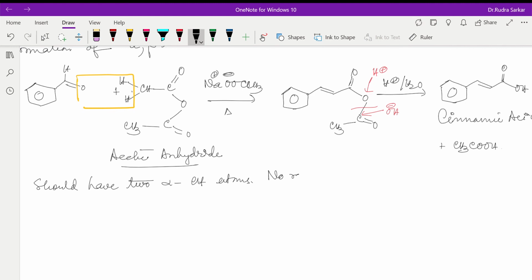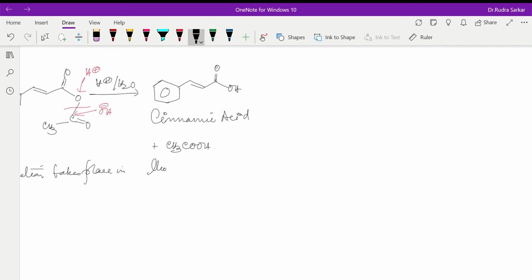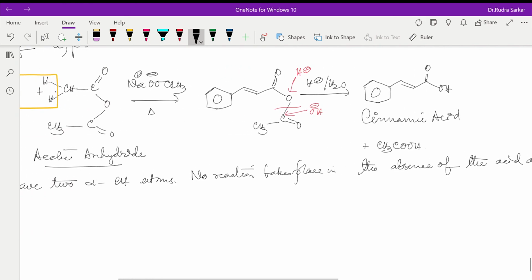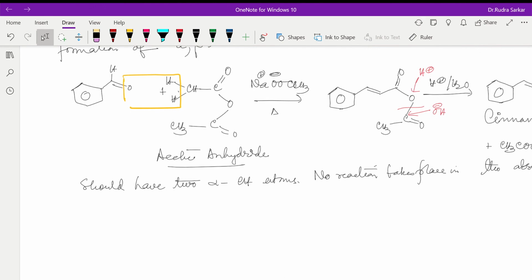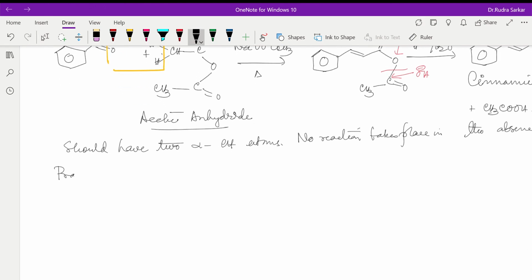Besides that, no reaction takes place in the absence of the acid anhydride. Okay, let us do some examples, which we obviously call practice problems.